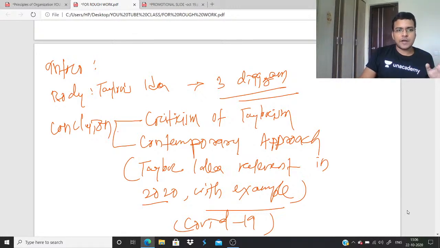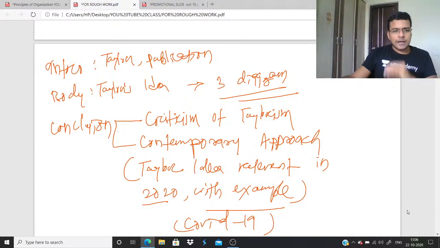So this is three diagrams: intro, body, conclusion. And in intro you write about who is Taylor, his publication, all these things. Clear. So in this way we proceed with our answer.